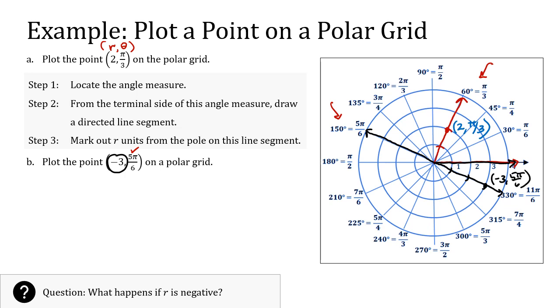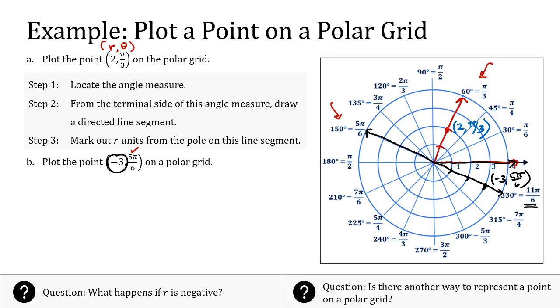Now this can feel confusing because even though we have a theta of 5 pi over 6, you might notice that we're actually sitting at 11 pi over 6. But that is because of that negative radius. It takes you directly across. Another thing to point out is that there are other ways of representing this polar point.